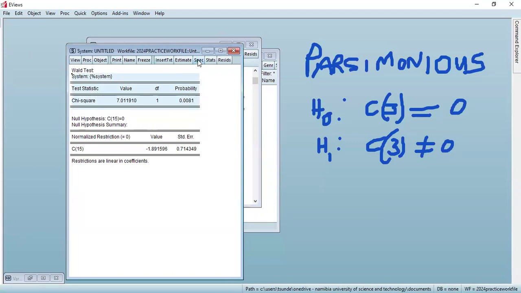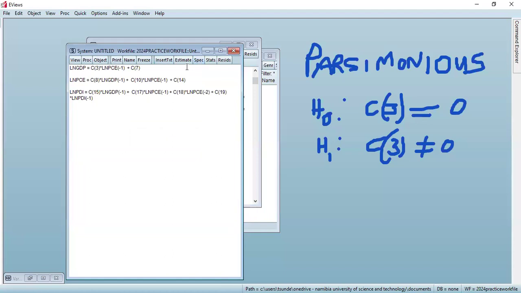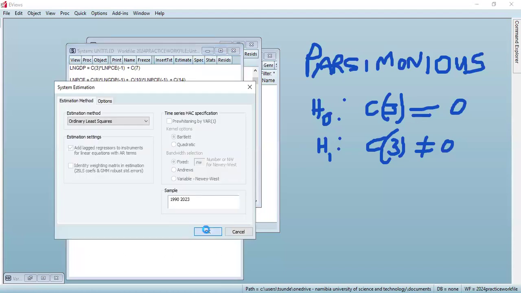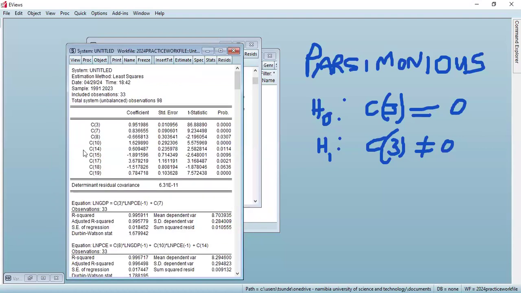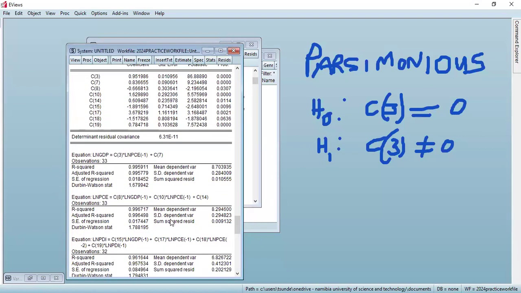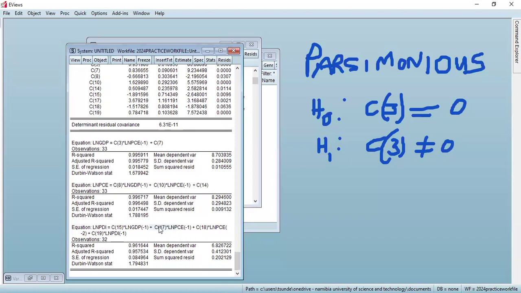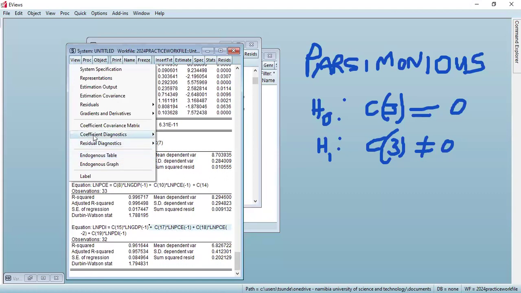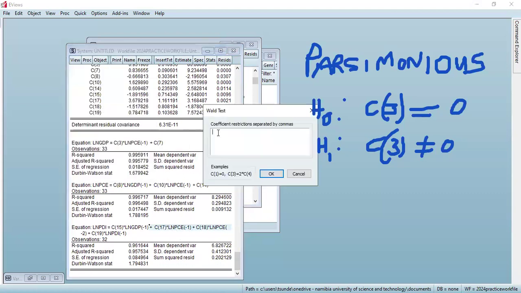To go back to the equations, you click on the specification. To estimate, you go back to estimate. Now, the last one that we want to do is whether PCE Granger causes PDI. We are going to use C17 and C18. C17 and C18 is our hypothesis. So you go to coefficients, diagnostics, Wald coefficients.